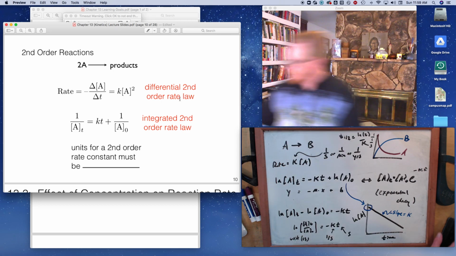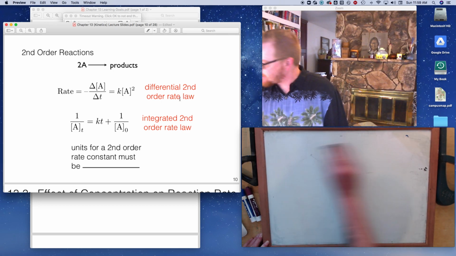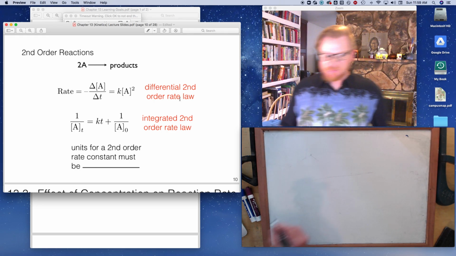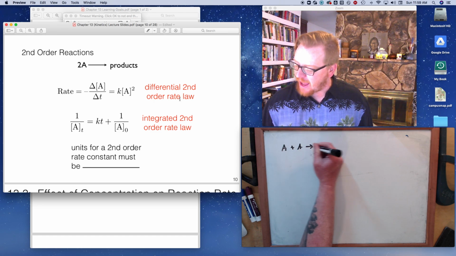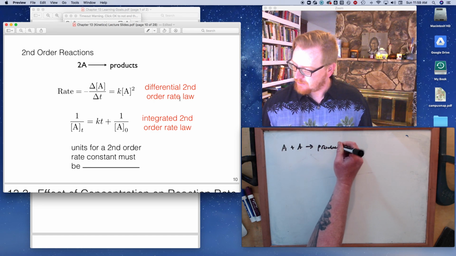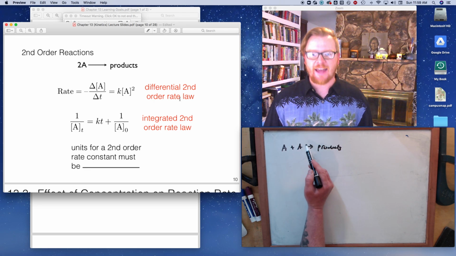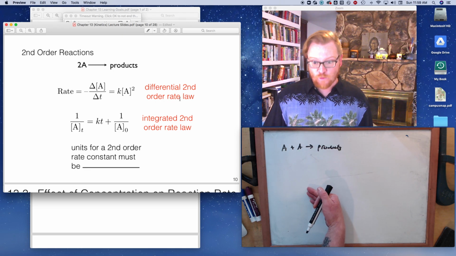So I'm going to erase all this stuff right here. All right? So now here is a good example of a second-order reaction. Maybe A plus A goes to products, where this is first order in this A and first order in this A, giving me second order overall.